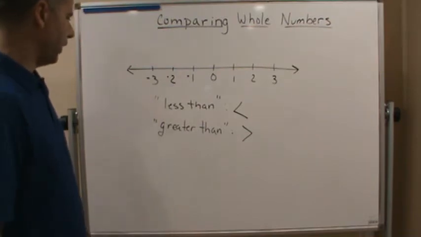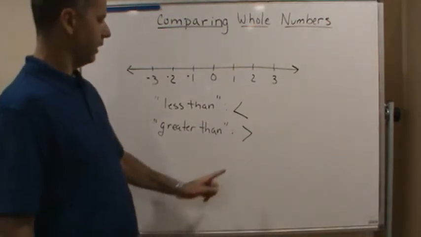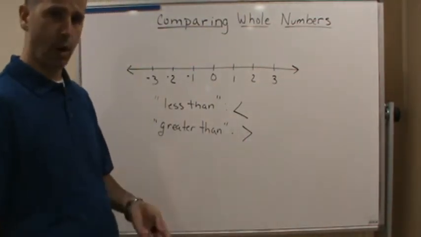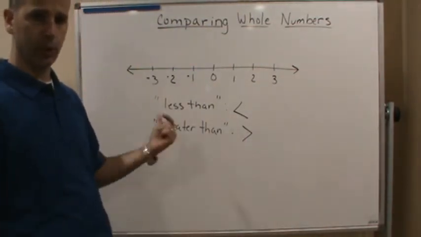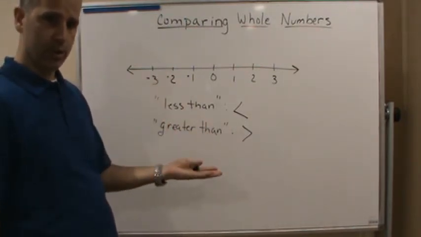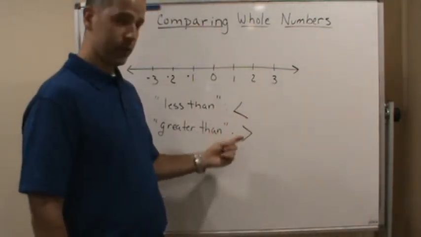Okay. Another thing to realize is that the arrow always points to the smaller number. If you ever get confused about which one to use, the arrow points to the smaller number, or in other words, the mouth points to the larger number.